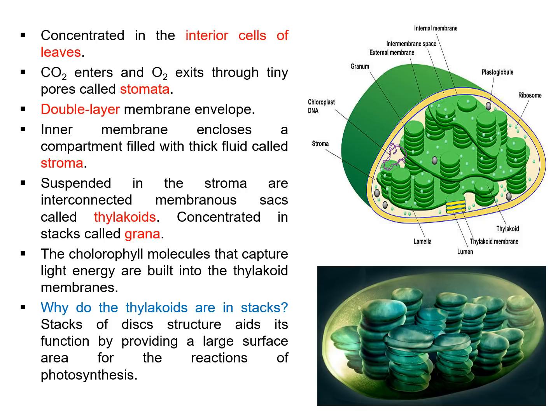Chloroplasts are concentrated in the interior cells of the leaf where CO2 enters and oxygen exits through tiny pores called stomata. A chloroplast has a double-layer membrane envelope, and the inner membrane encloses a compartment filled with thick fluid called stroma.